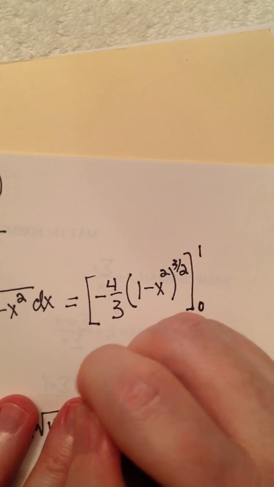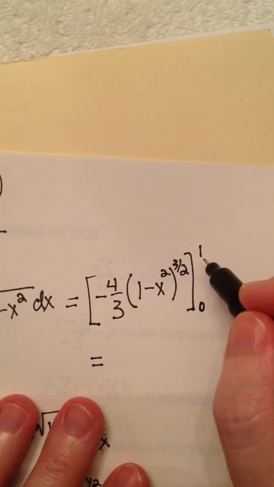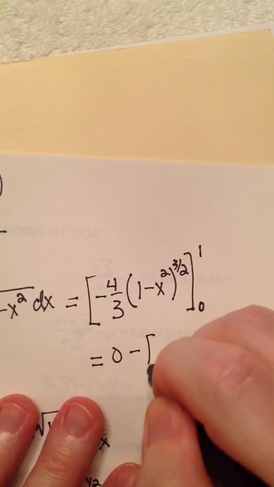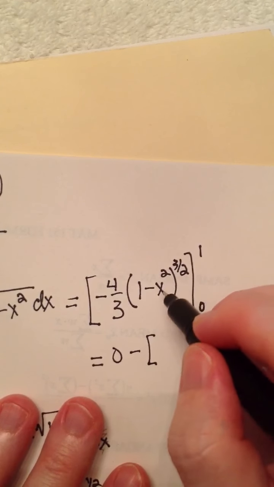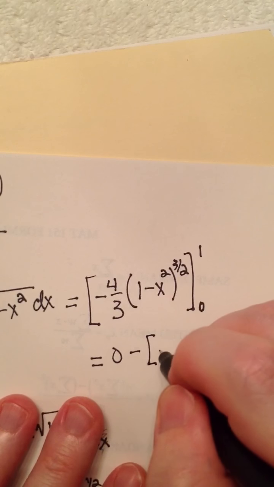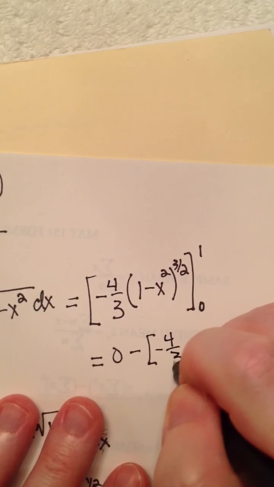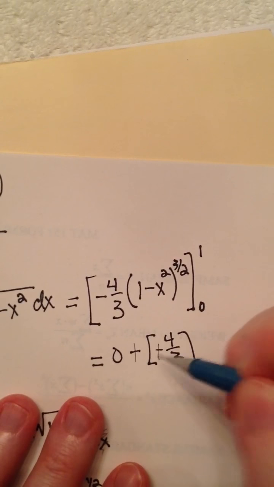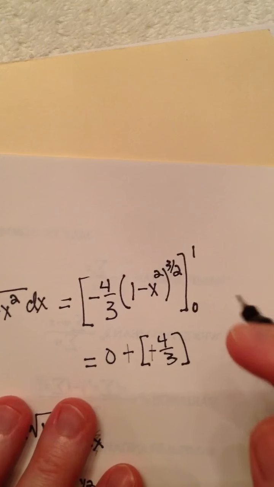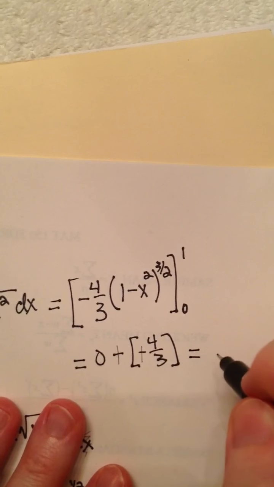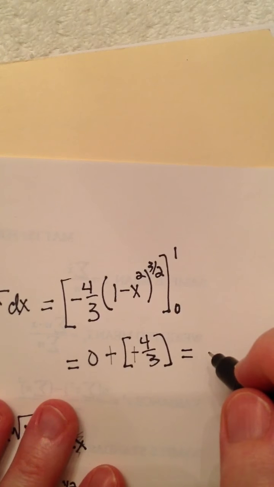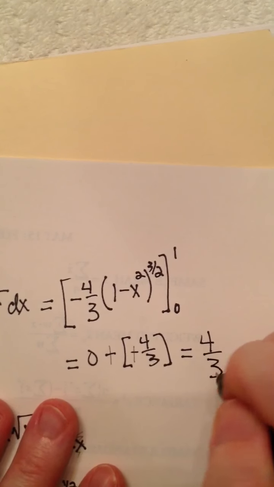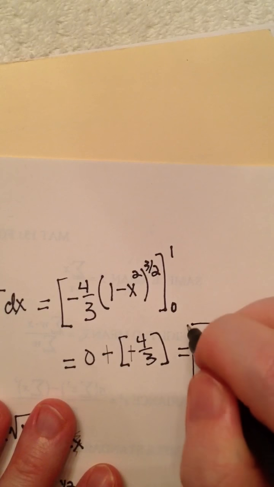For the upper limit 1, this will go to 0. Then minus, at the lower limit we have 1 to the 3/2, which is 1, times -4/3. So we have 0 minus -4/3. Subtraction of a negative is addition of the positive. So the area of y squared equals x squared times the quantity of 1 minus x squared ends up at the non-integer value of 4/3.